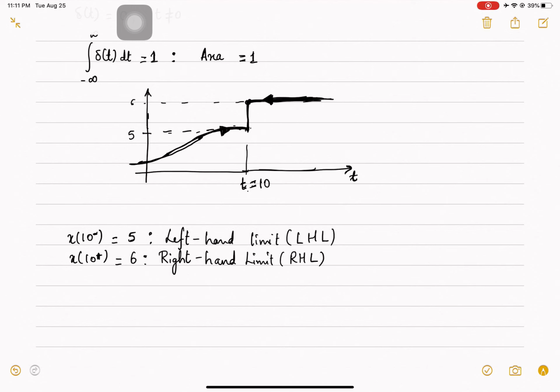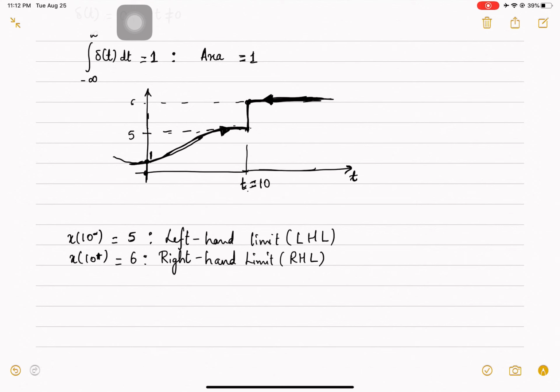A function where the right hand limit is not equal to the left hand limit is called a discontinuous function. Basically the function has a discontinuity at a specific point. At all the other points it is continuous. You can take some random point, say at t equal to 0, where the function value is equal to 1.